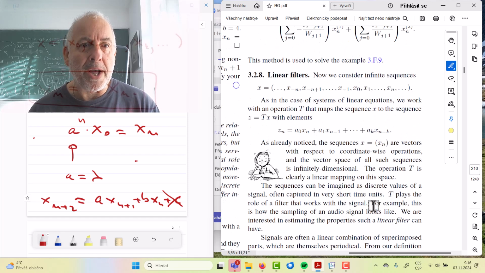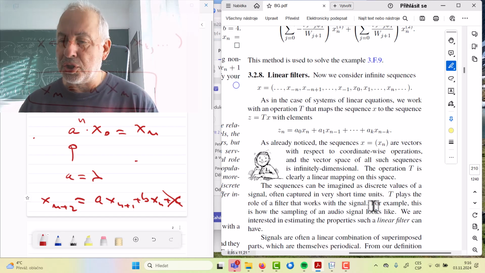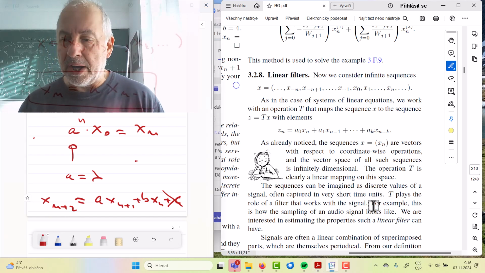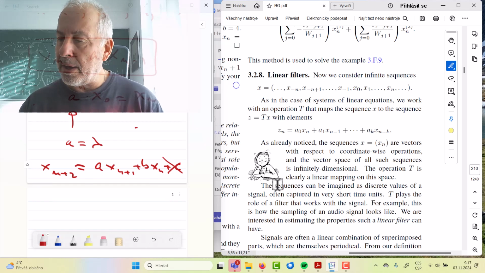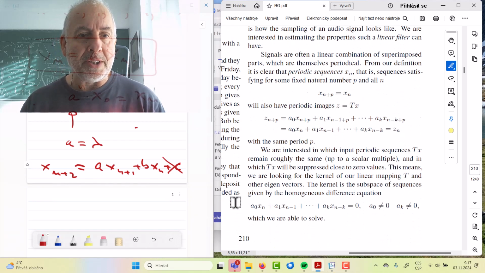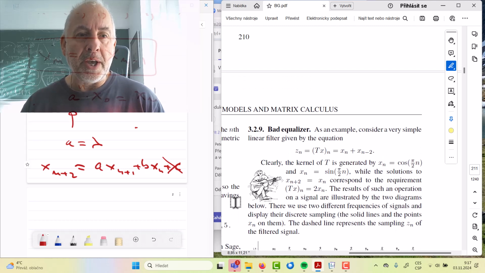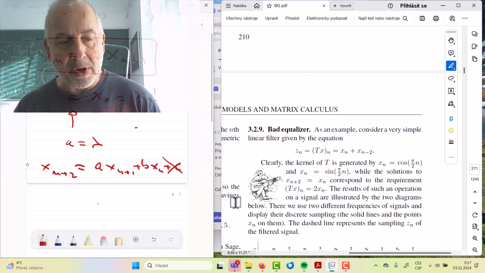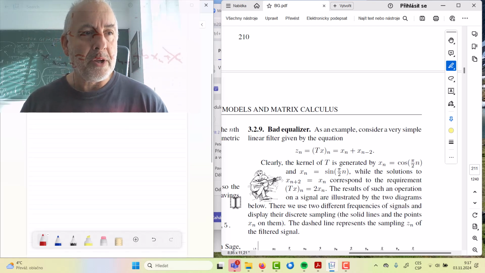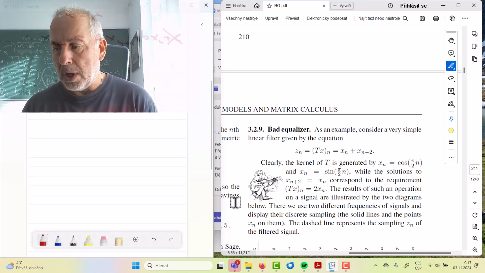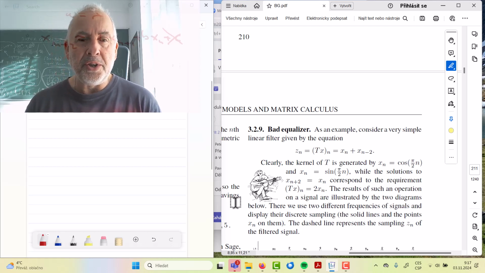Right, I would like to add some comments, which I hope are quite illuminating, and that's another understanding of what's happening when we deal with linear recurrences.